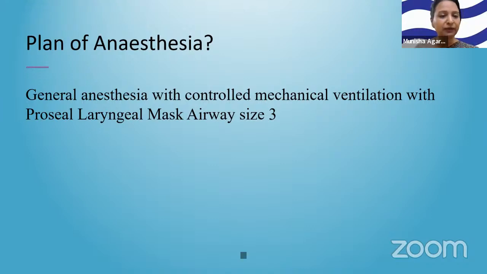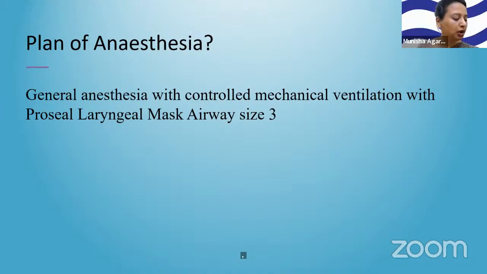So any specific preparation with reference to the surgery you require? Ma'am, since this is a patient of hypertension, I would make sure that I have the drugs necessary with me to blunt the intubation response. So I will make sure that those drugs are available with me. All right.